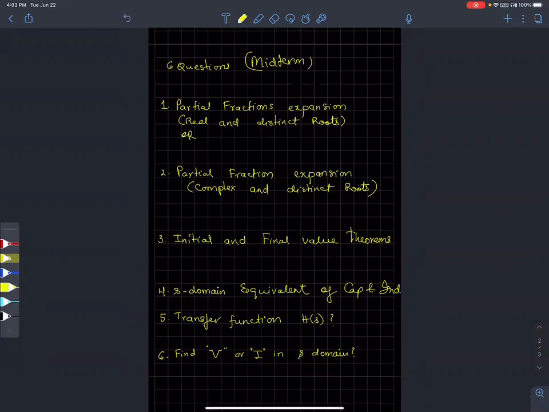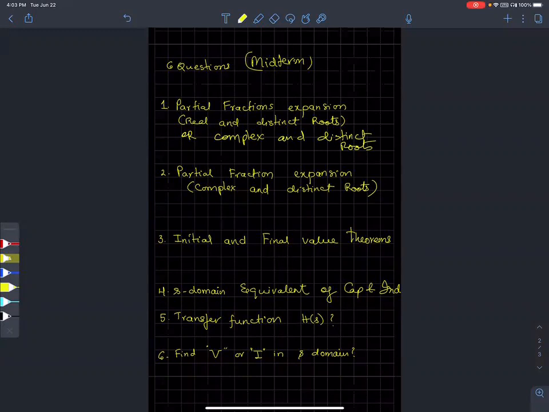The first problem is mostly about a transfer function, a function which has real and distinct roots for the denominator, or it may have complex and distinct roots as well. The second problem is mostly about complex and distinct roots.